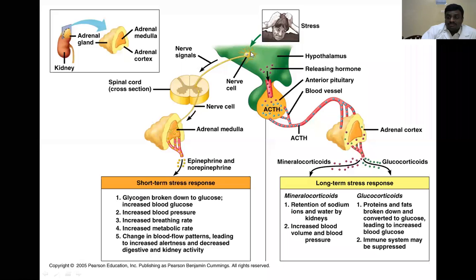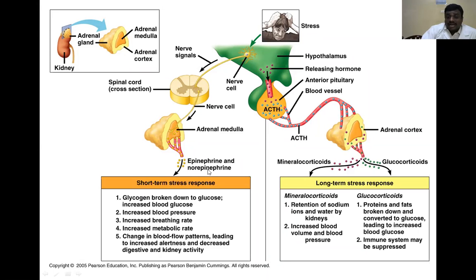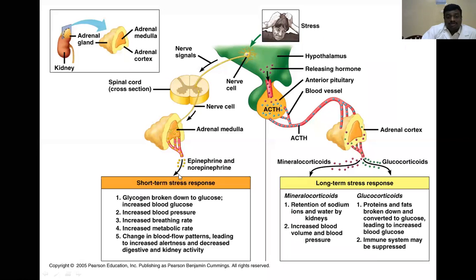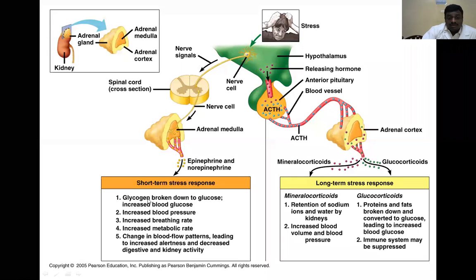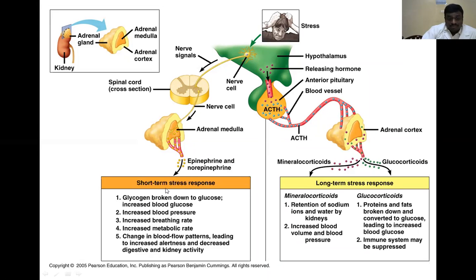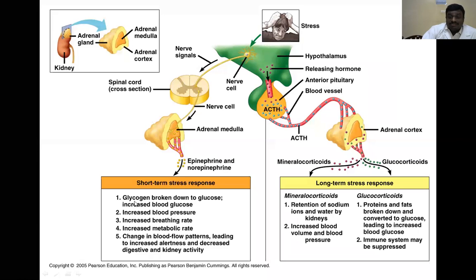From the hypothalamus, signals go to the medulla, which releases the catecholamines epinephrine and norepinephrine. Then these act on different cells, producing these problems. Whenever epinephrine and norepinephrine are released into the blood and reach the target cells, there are immediate actions.